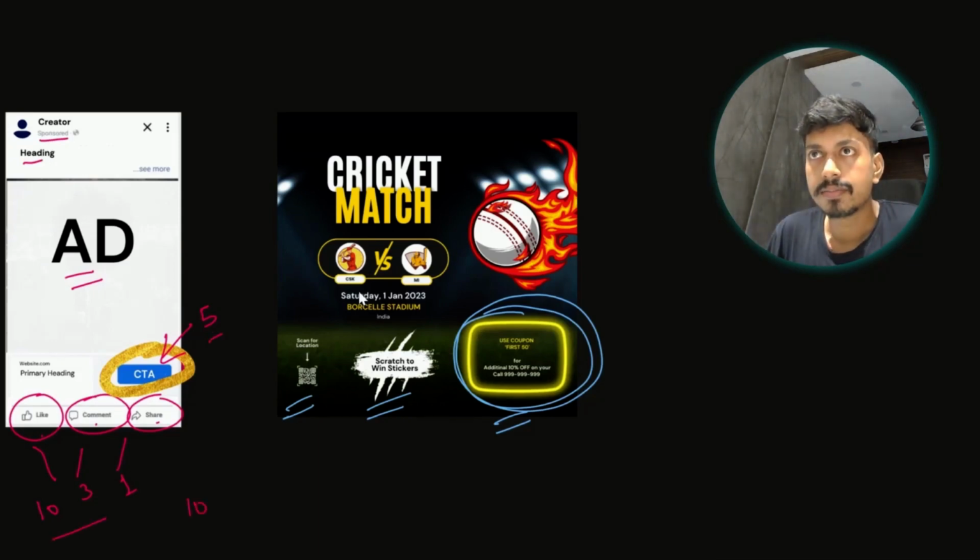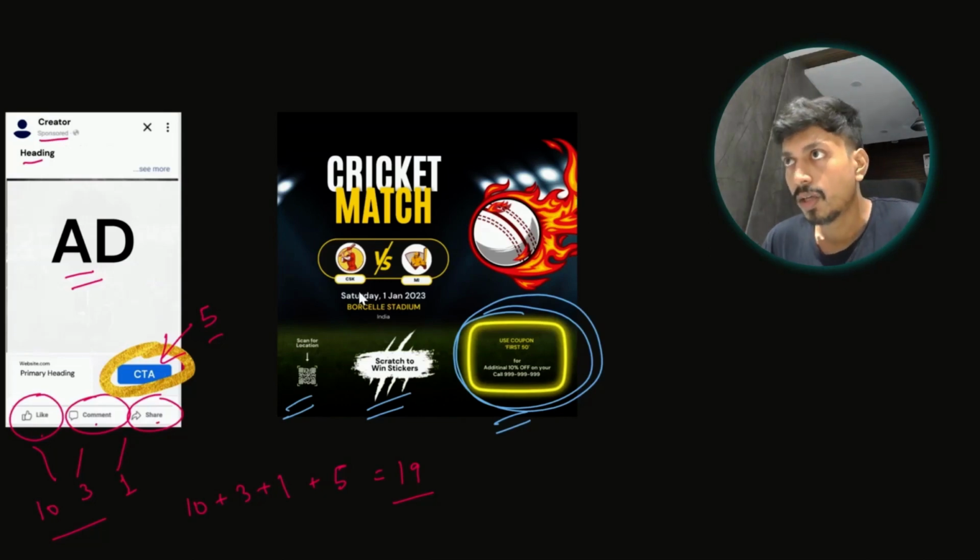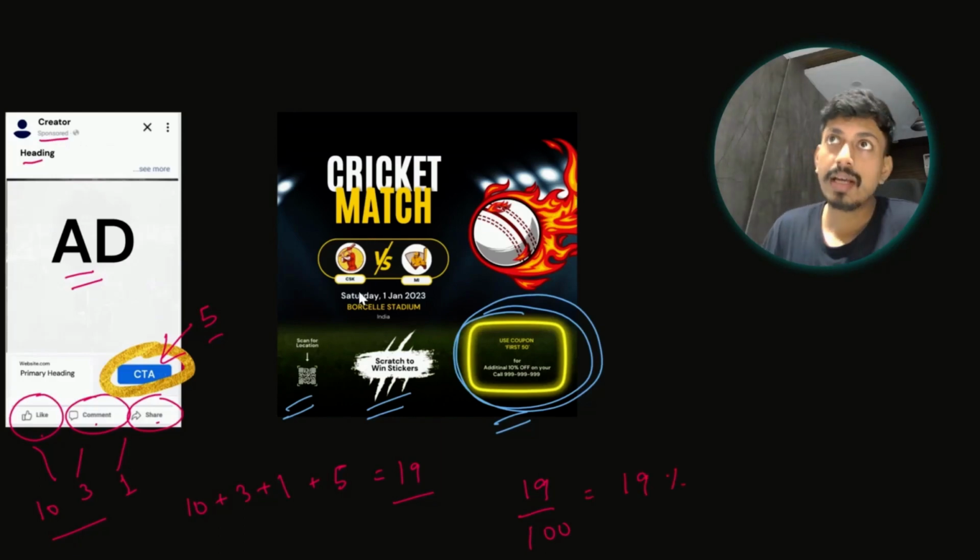What is 10 plus 3 plus 1 plus 5? 10 plus 3 is 13, 14, it's 19, I guess, right? 19. Now, 19 people out of, let's say this ad was shown to 100 people. So we got 19 by 100, that is 19%. Now tell me, what was the action we wanted them to take?